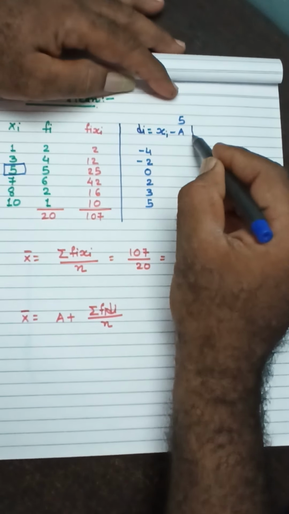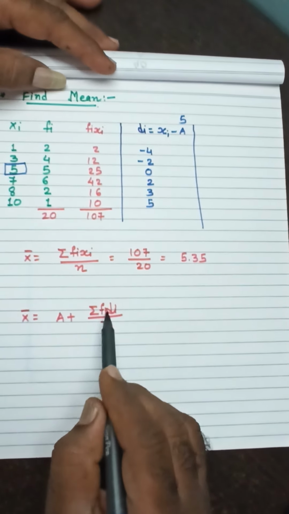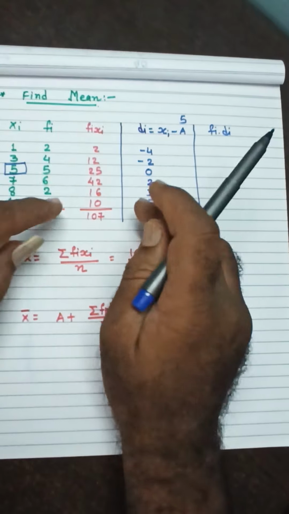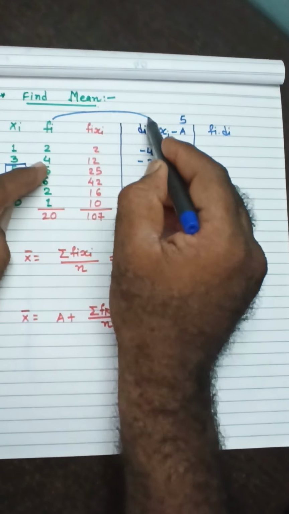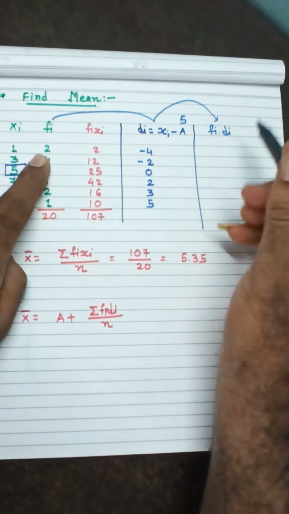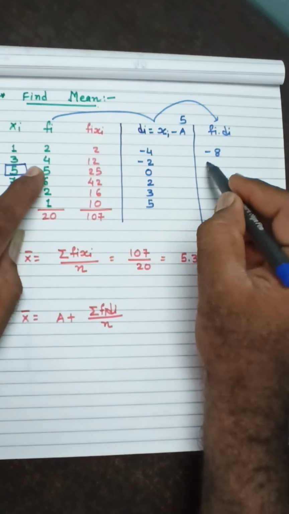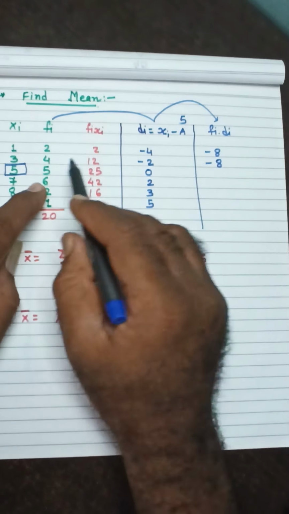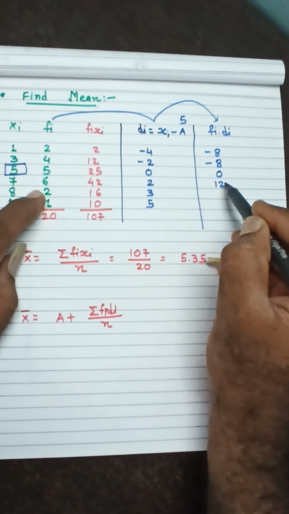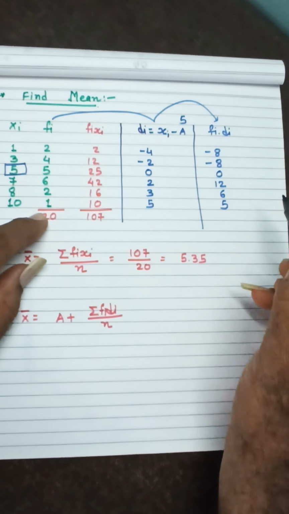Now as per the formula, we are in need of sigma of fi into di. So fi into di, the multiplication of these two columns. 2 into minus 4, minus 8. 4 into minus 2, again minus 8. 5 into 0 is 0. 6 into 2, it is 12. 2 into 3, 6. 1 into 5 is 5.